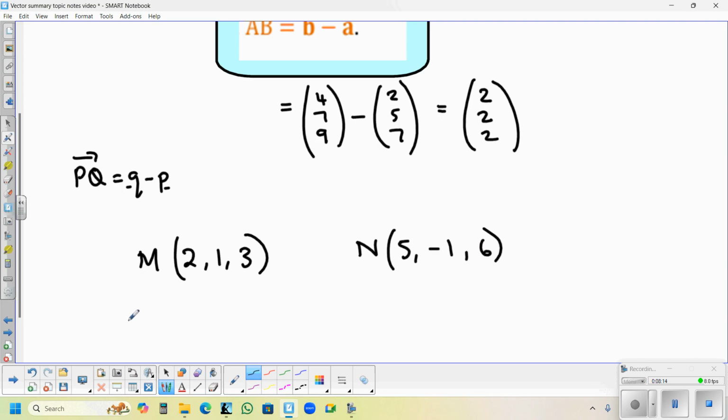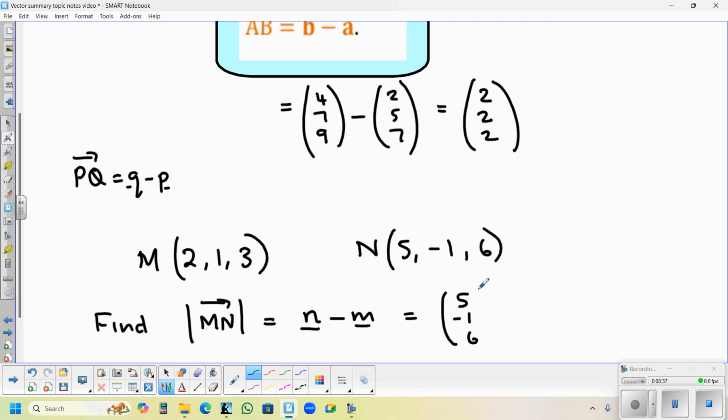And you could be asked to find the magnitude of MN vector like that. I'll remind you of that in a minute. But what you would do first of all is work out MN vector, which is small n minus m, and that would be (5, -1, 6) and I want to take away (2, 1, 3).